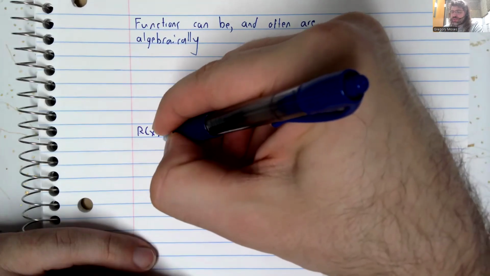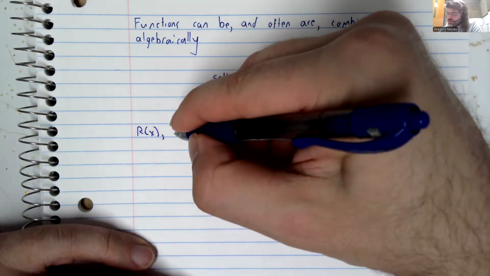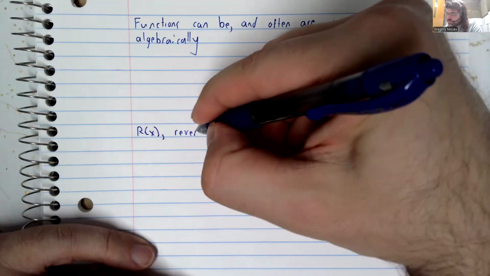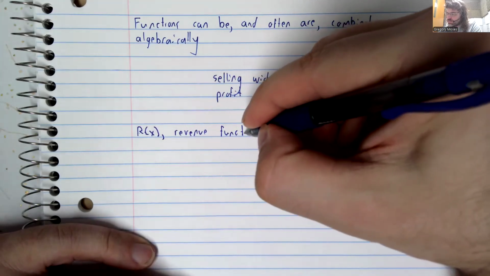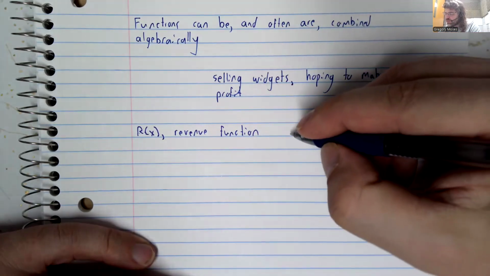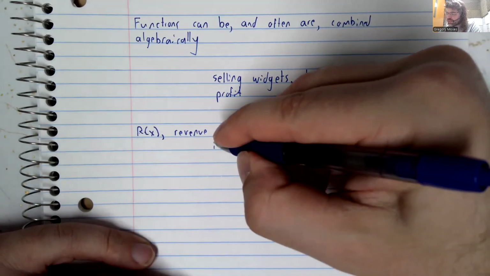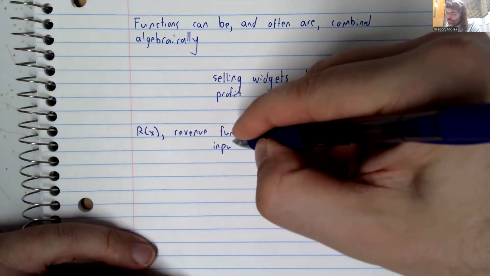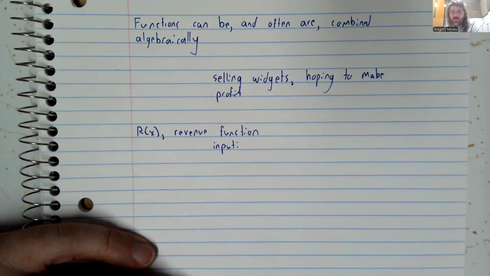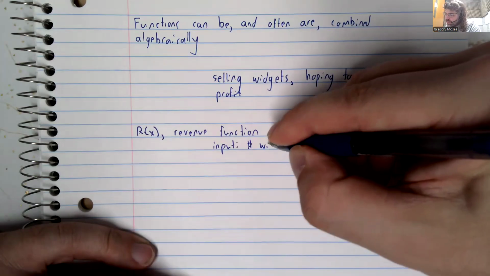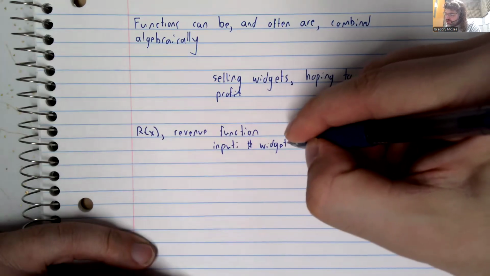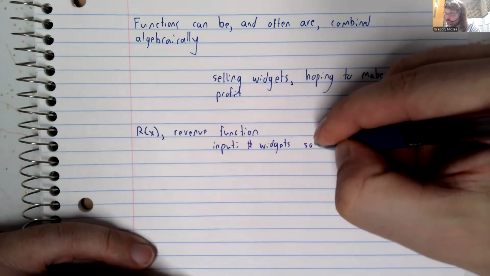So we have a revenue function. This revenue function has as its input the number of widgets sold.